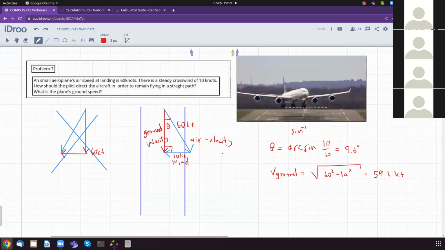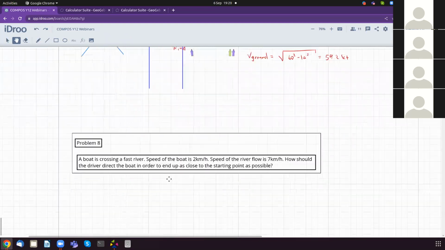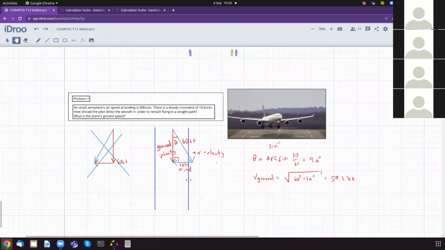That's it. Any questions? We have 10 minutes left, and I want to go through the most exciting problem, the most difficult problem of the assignment.